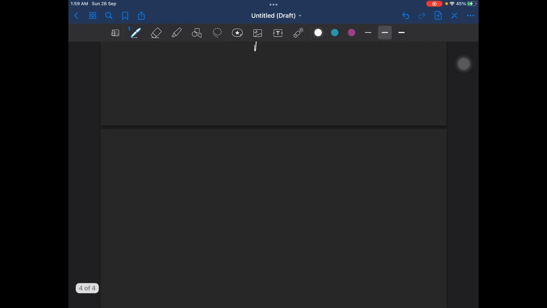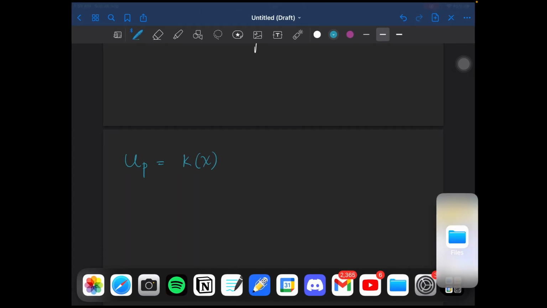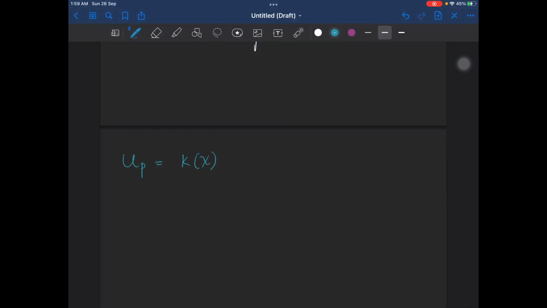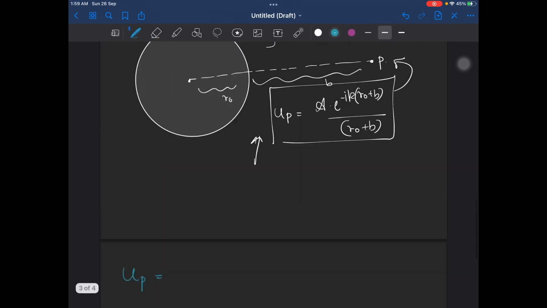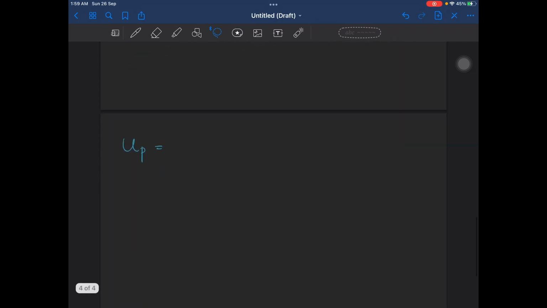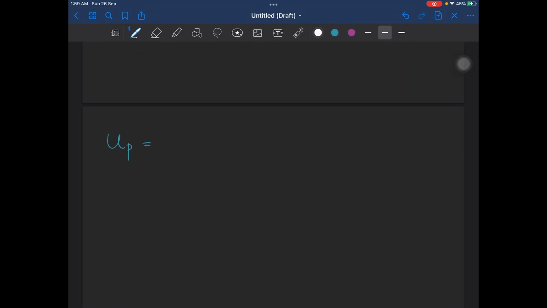Cool. So I'll write again here, UP is K chi. Then chi shall be inside, of course. Yeah, chi should be inside. So I will put this here. One thing that is not necessary is this.